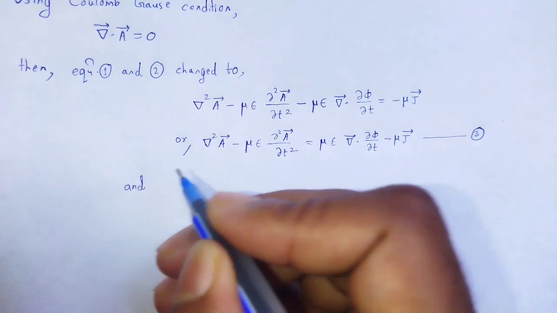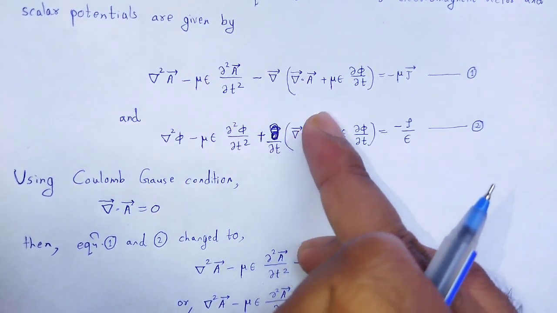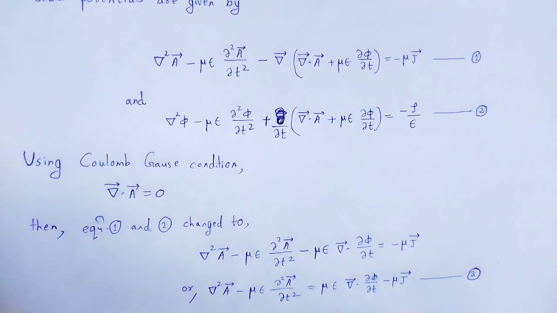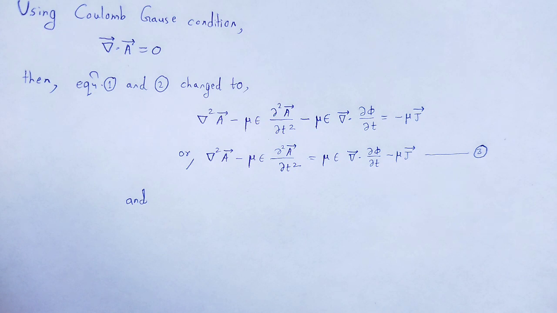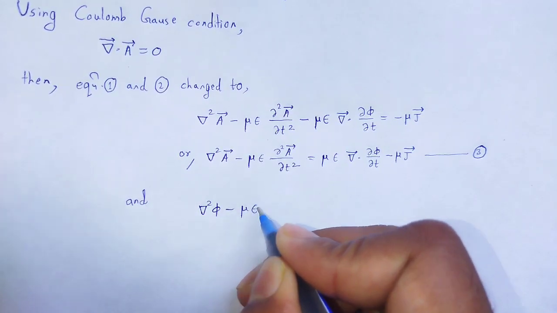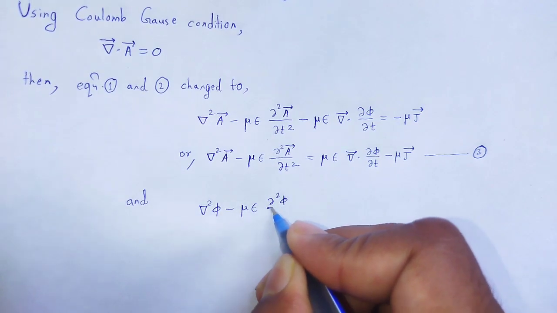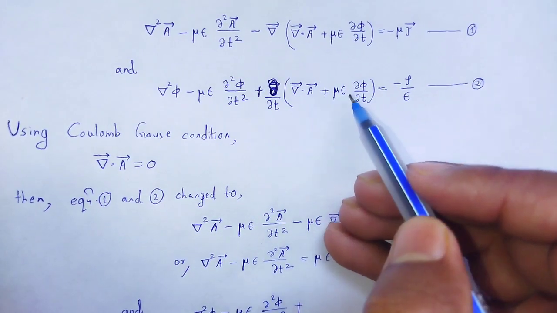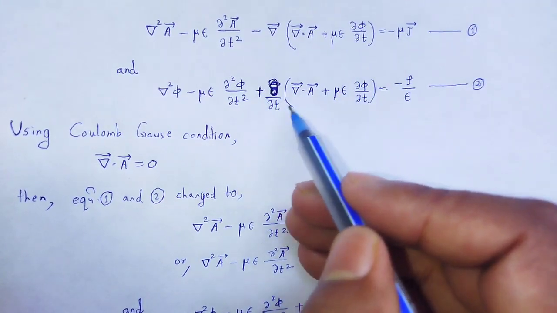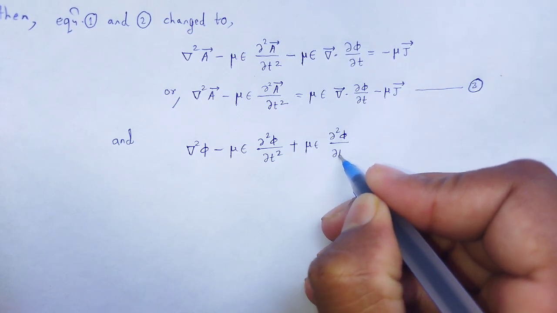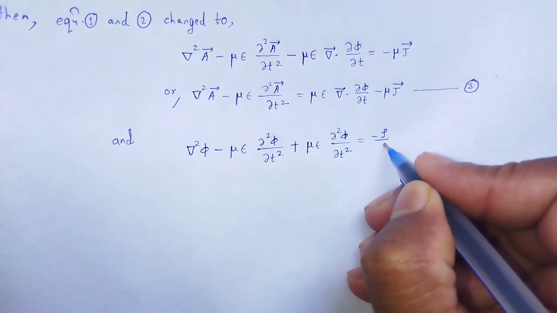And in equation number 2, grad dot A is 0, that is the Coulomb gauge condition, then equation 2 changes to grad square phi minus mu epsilon del square phi by del t square plus mu epsilon del square phi by del t square, since grad dot A is 0, is equal to minus rho by epsilon.